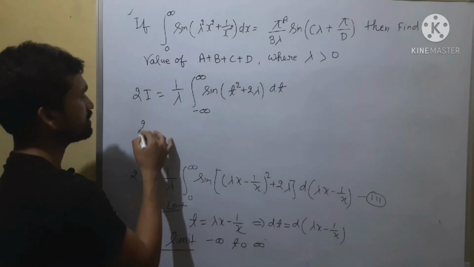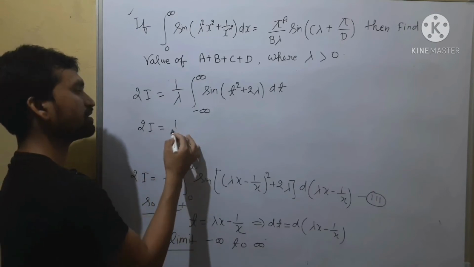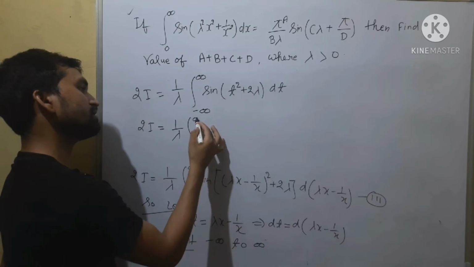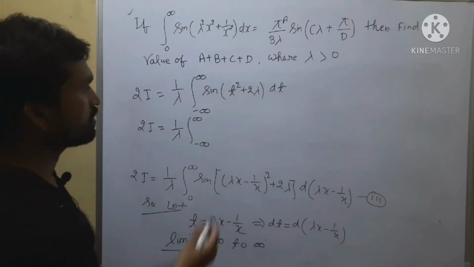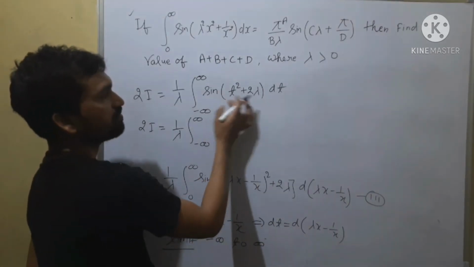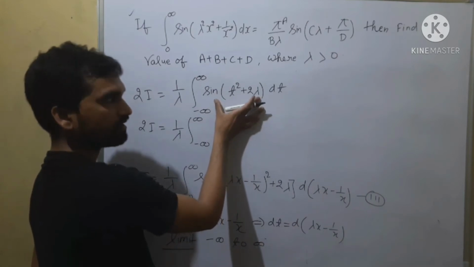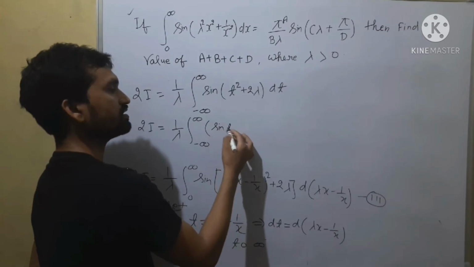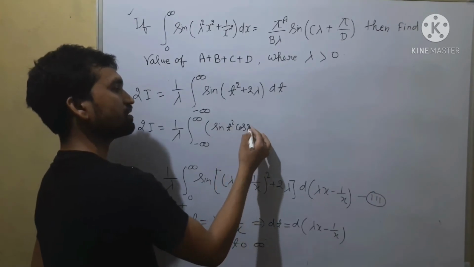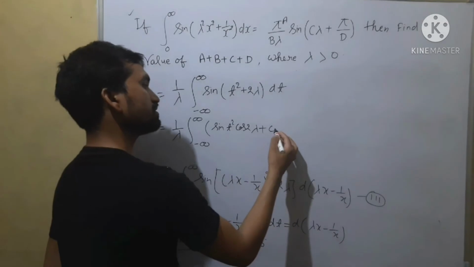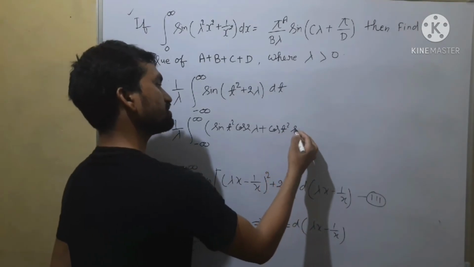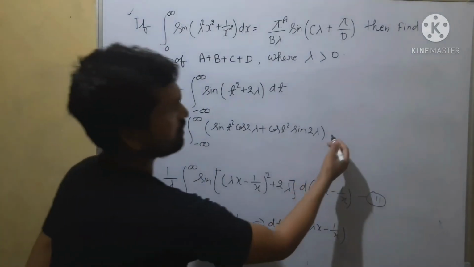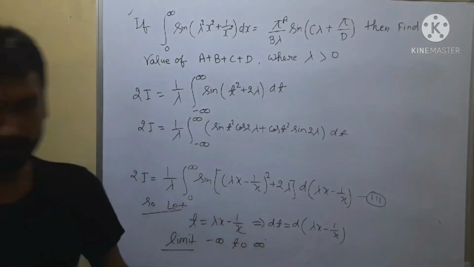Okay, now the next step will be 2I is equal to 1 by lambda, minus infinity to plus infinity. Okay guys, now we will expand sin of (t square plus 2 lambda), so it will be sin of t square cos of 2 lambda plus cos of t square sin of 2 lambda, and now it is dt.